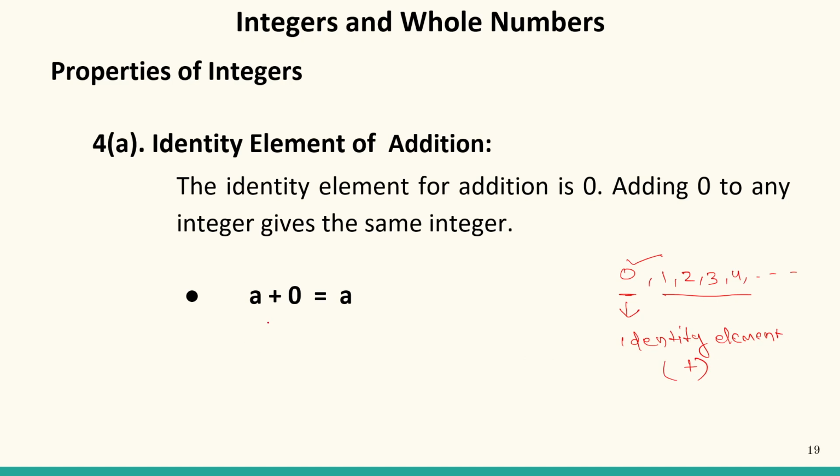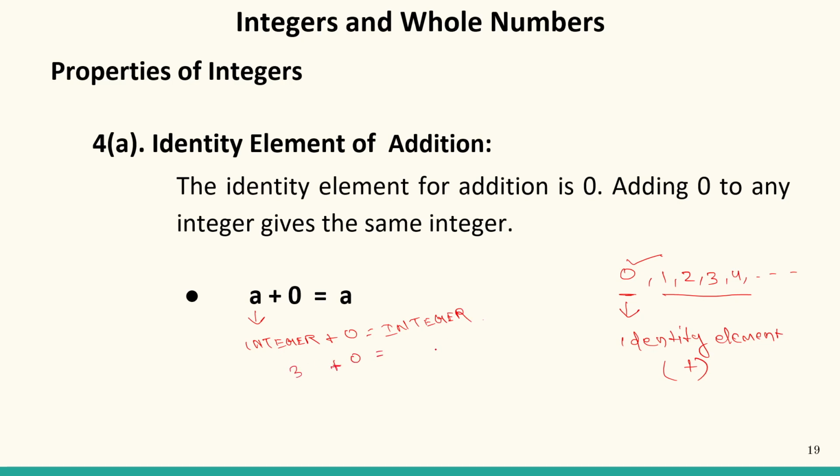How? Let's see. If a is an integer, then a plus 0 is that integer exactly. For example, let's say we take 3 and we add 0 to it.